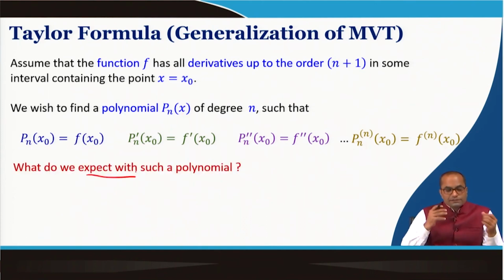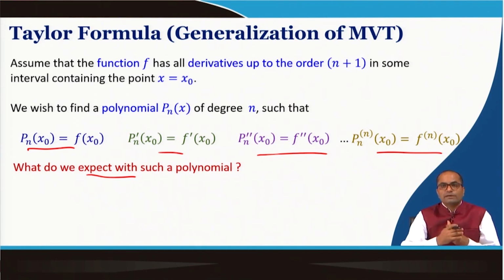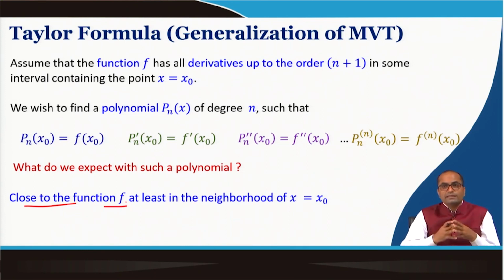So what do we expect with such a polynomial? If, for instance, we have a polynomial where all these conditions match, so at x naught up to derivative order n, they match exactly with the function derivative at x naught, and also the polynomial value at x naught is the same as the function value. So what do we expect? Certainly we expect that the polynomial should be close to the function f, at least in the neighborhood of that point x is equal to x naught.